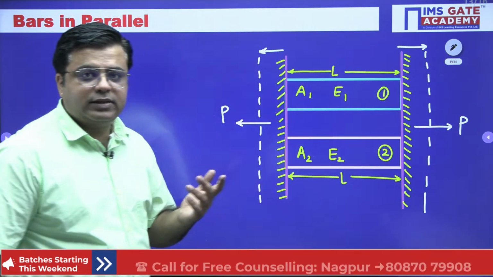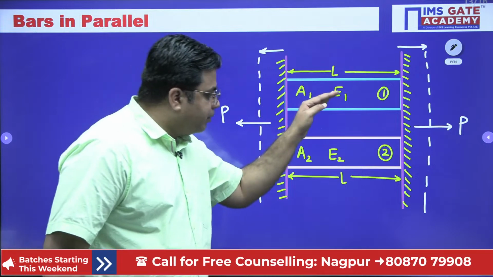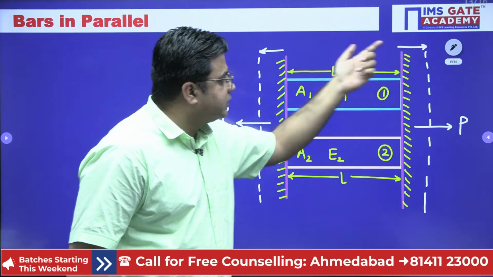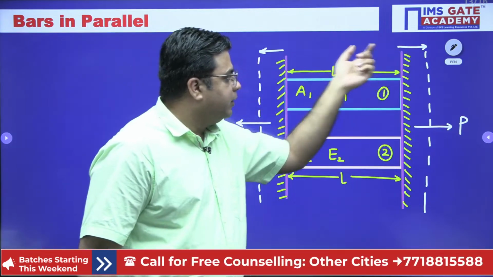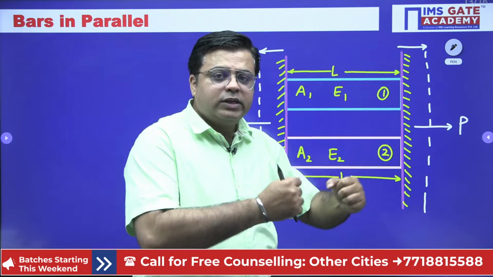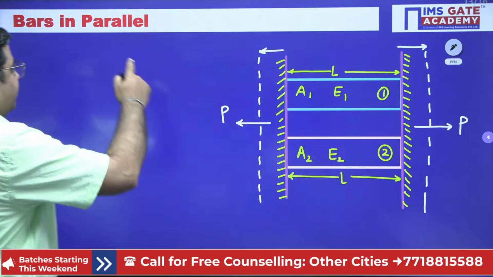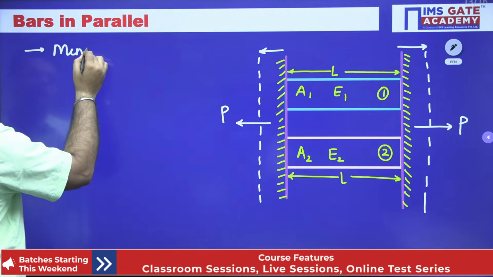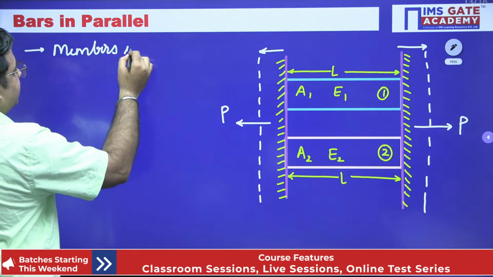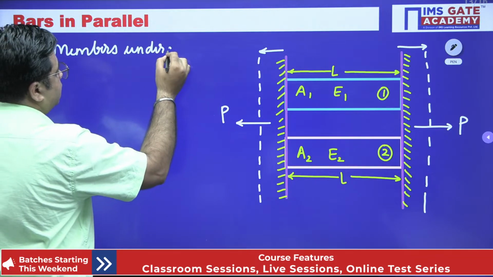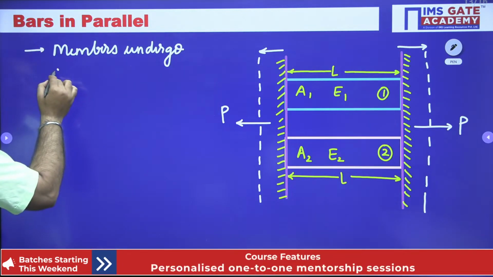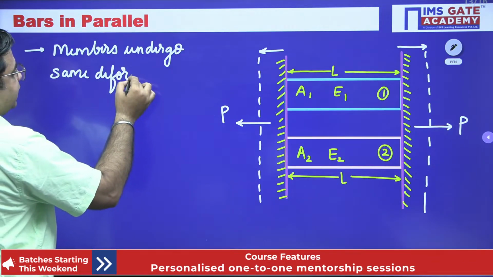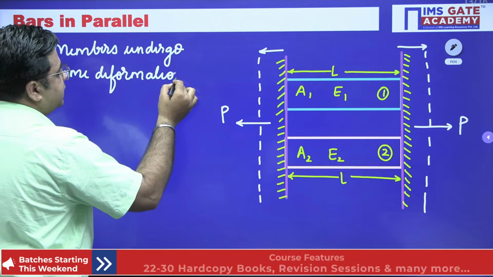So it means that if the members are connected in parallel, both these members will undergo the same deformation. Whenever bars are connected in parallel, members undergo the same deformation.